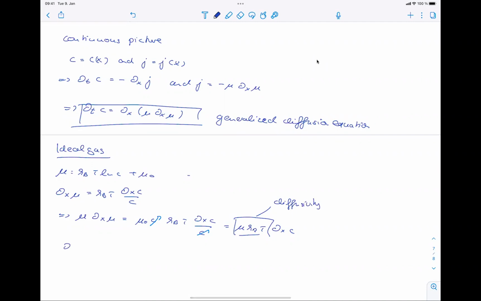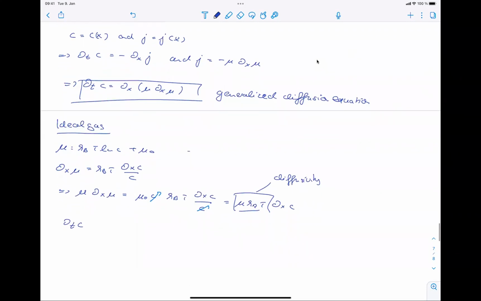Again, now dt C is then dx of D dx C, namely if the diffusivity is constant, D dx squared C, the normal diffusion equation.